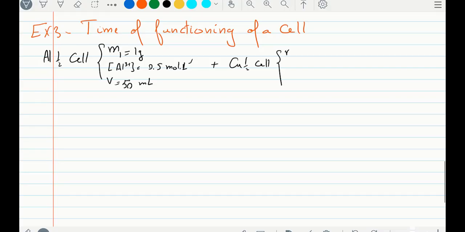Then M2, mass of Cu strip, equal 8.9 gram, concentration of Cu2 plus ions equal 0.5 mole per liter, and the volume V equals 50 milliliter.